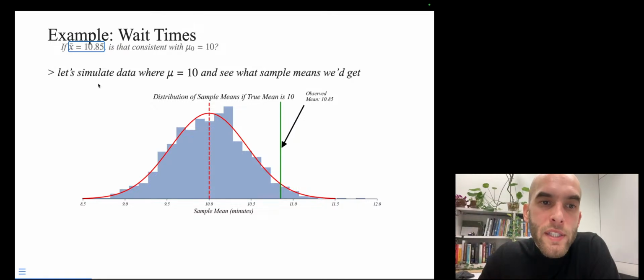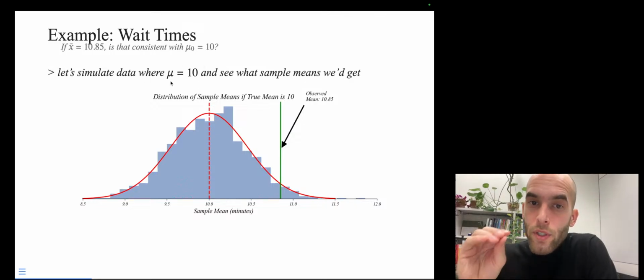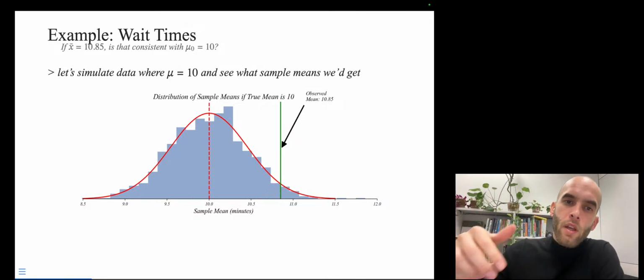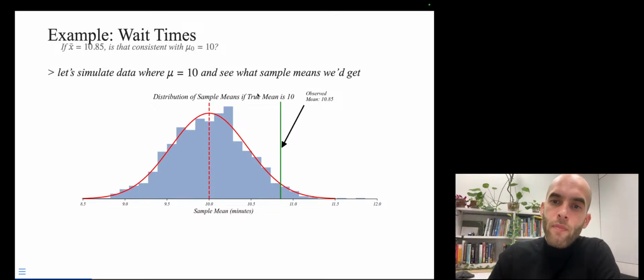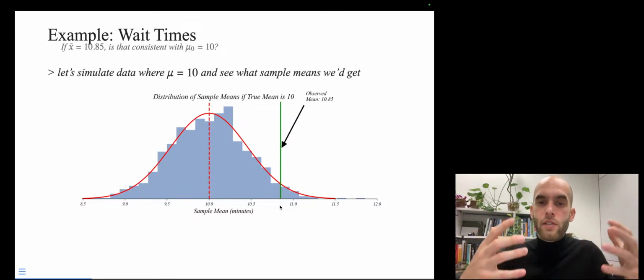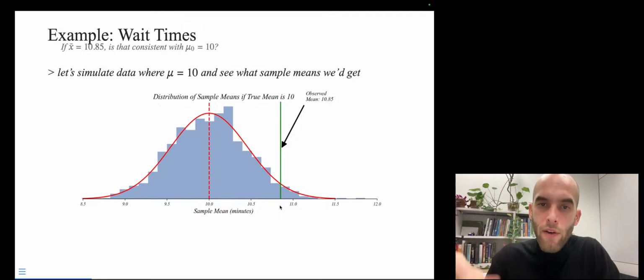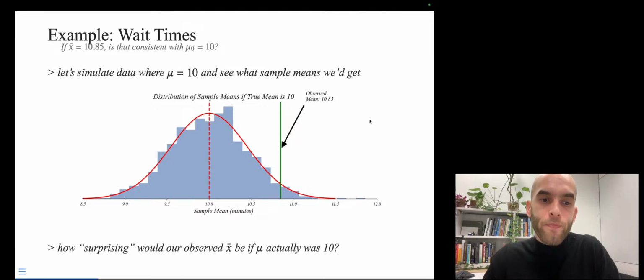So what we're going to do instead is simulate, this is sort of our approach. We're going to simulate data where the truth is assumed to be 10. And then we're going to check how far away our observed mean is from that truth. And then this is going to allow us to talk about levels of confidence under this mean being true.